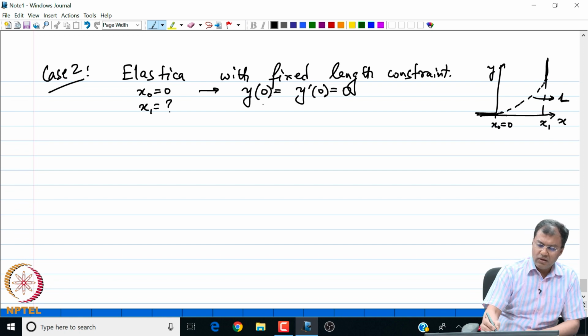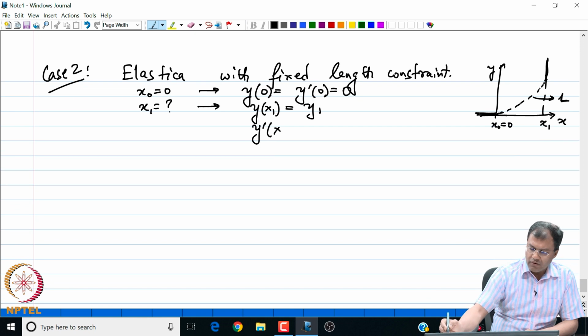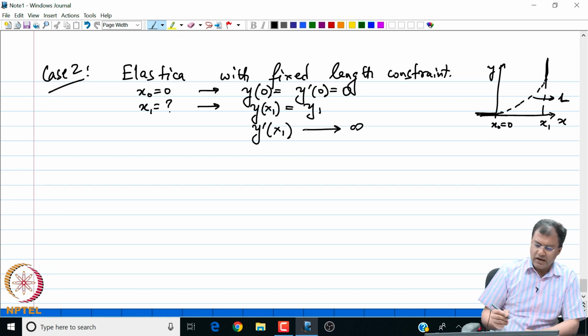So we impose the position coordinate as well as the slope equal to 0. At x1, which is an unknown, we do not know the y coordinate, we call this y1, but we also have that the slope approaches the vertical, or the y axis. So the slope eventually becomes parallel to the y axis, and we do have the slope information at this second point.